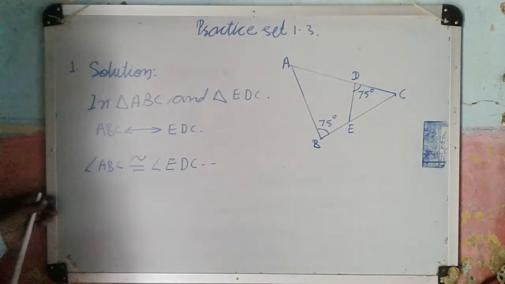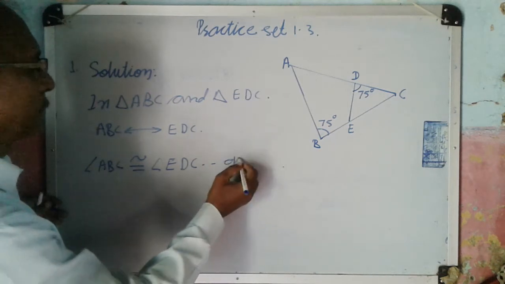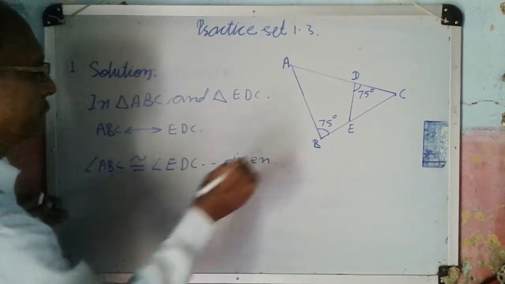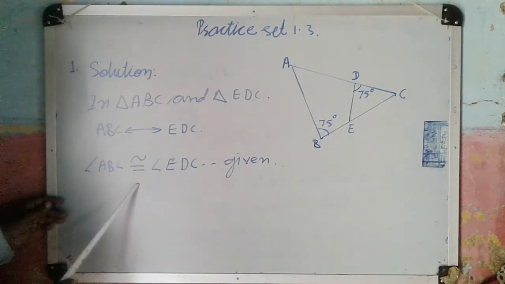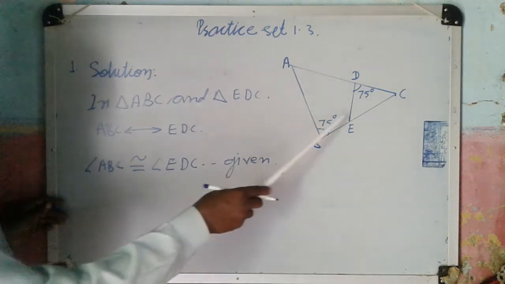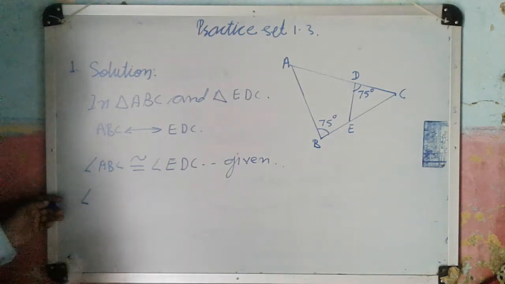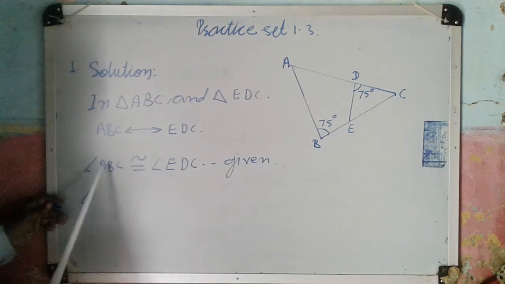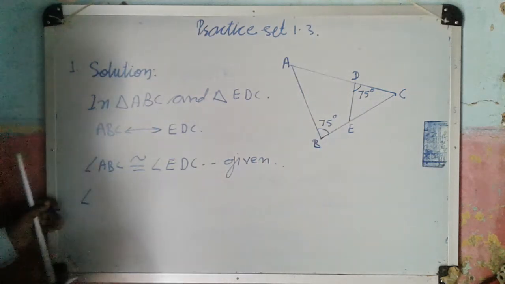So that is given. Angle ABC is congruent to angle EDC, which is one pair of congruent angles. Here angle C is common.